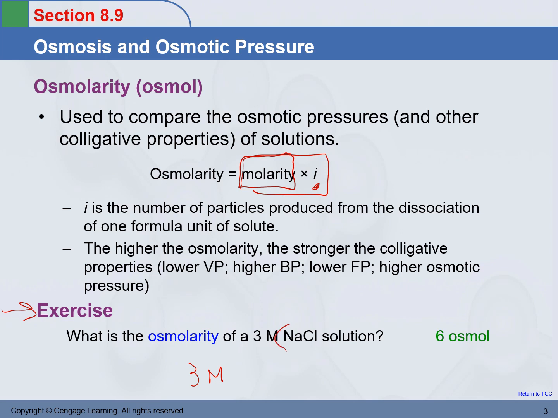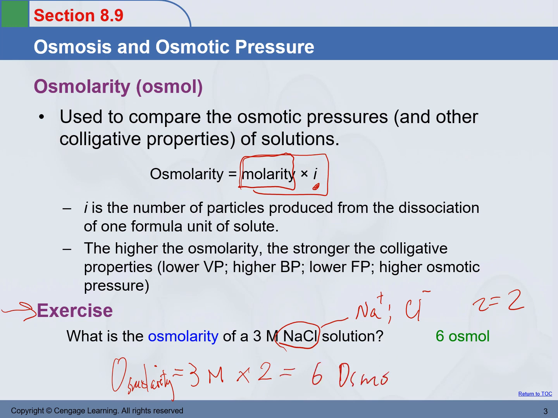Each NaCl, when it is dissolved in water, produces two particles, one sodium ion, one chloride ion. As a result, i equals 2 for NaCl. So the osmolarity of the solution equals molarity multiplied by 2 in this case, which is 6 osmol.